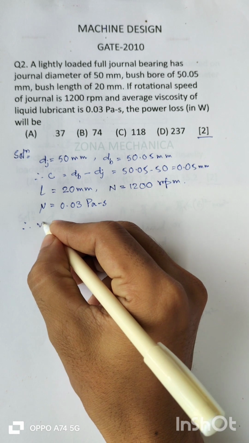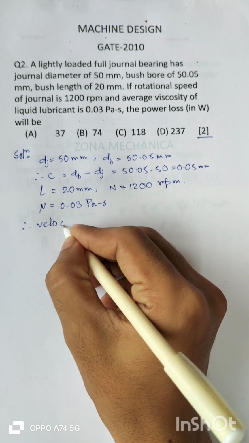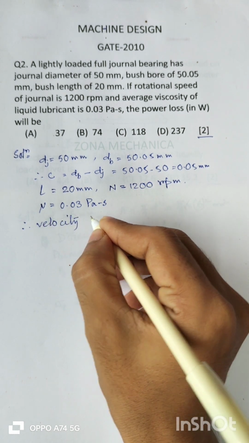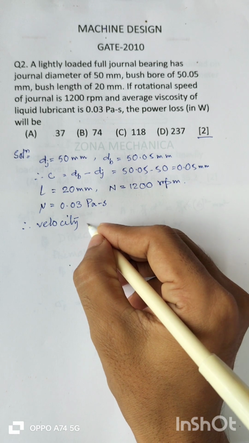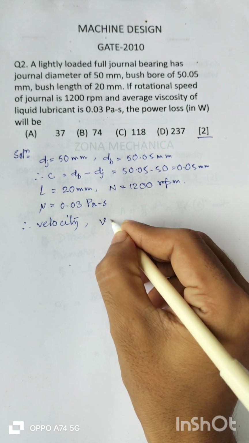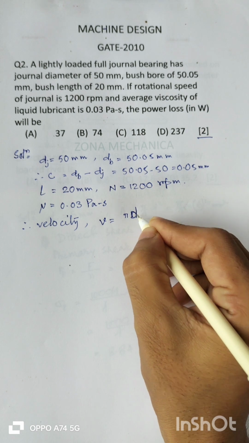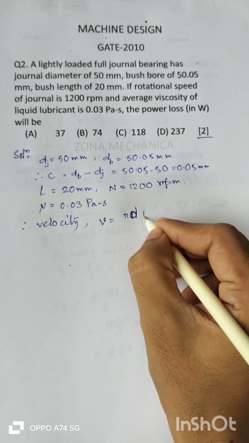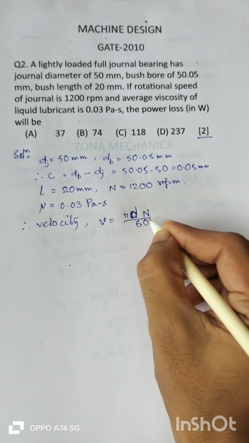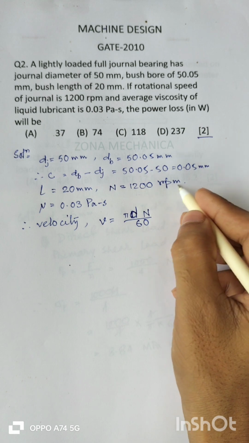Therefore the velocity of the shaft will be V is equal to pi d n by 60, since it is in rpm.